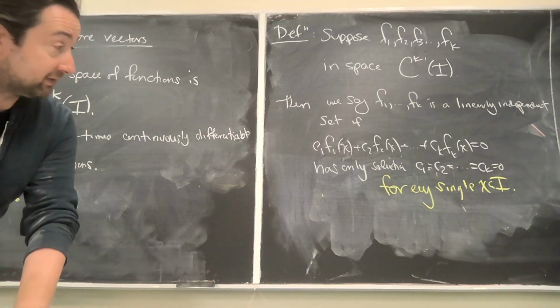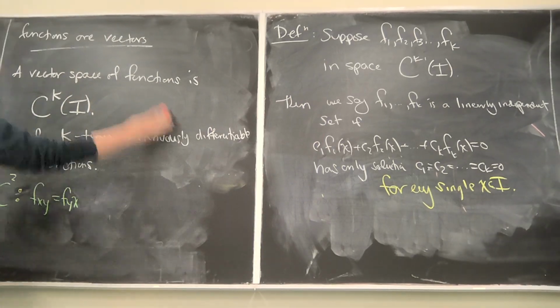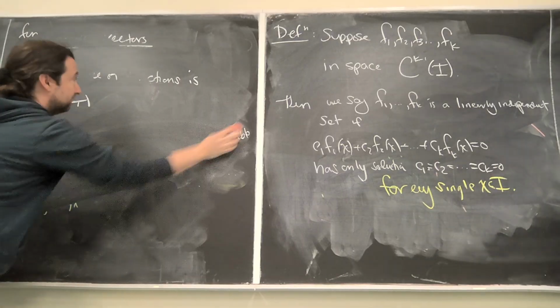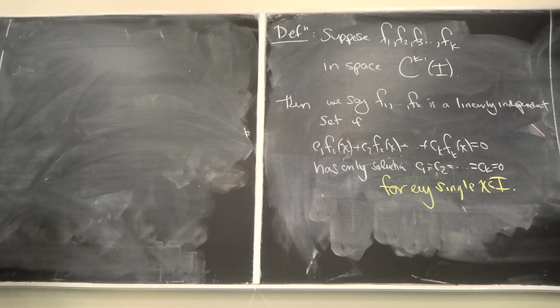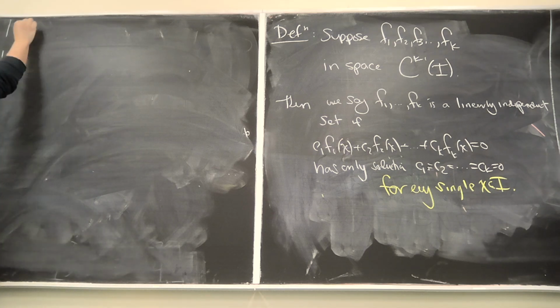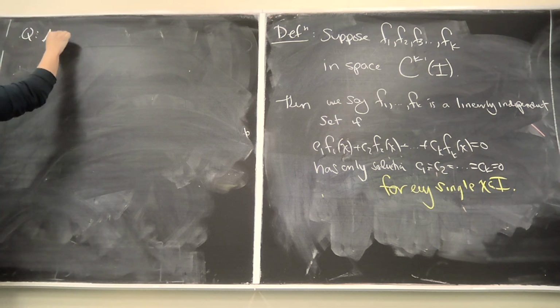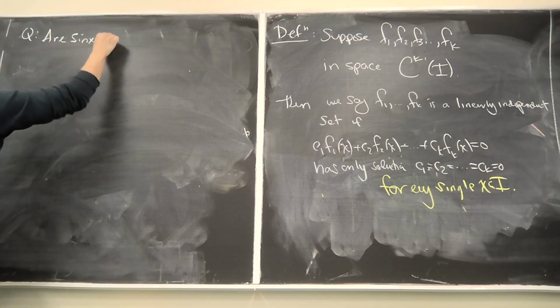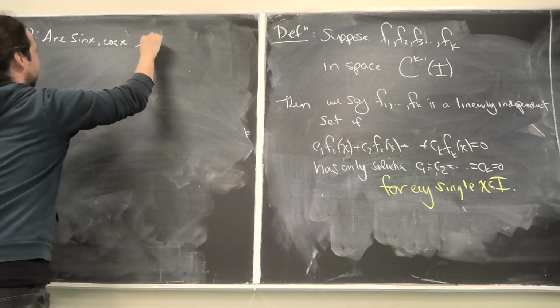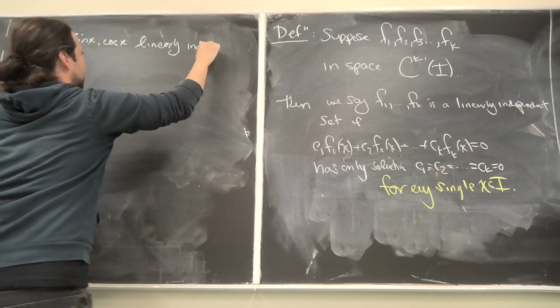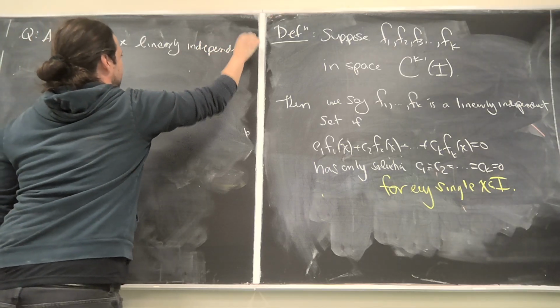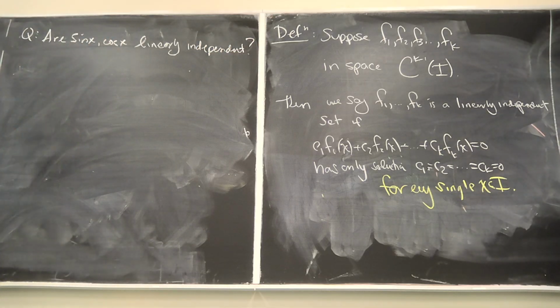So the thing is now, if I write down the definition of linear independence, and I give you two functions, that definition would imply the following. If I ask the question, are sine of x and cosine of x linearly independent? You, from the definition, would have to answer this question.